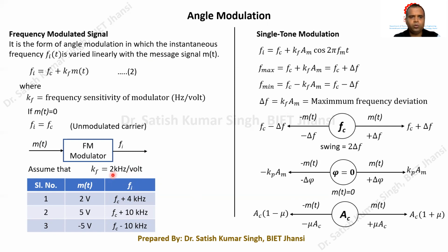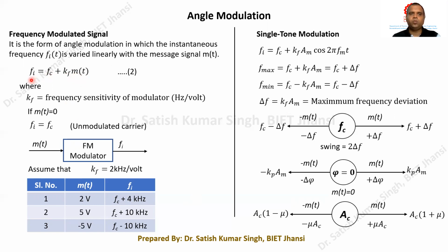If we substitute Kf equals 2 kilohertz per volt into equation number 2, initially we have the carrier frequency equal to fc. If the message signal m(t) takes 2 volts, the instantaneous frequency will be fc plus Kf times 2, that is 2 kilohertz multiplied by 2, so 4 kilohertz.